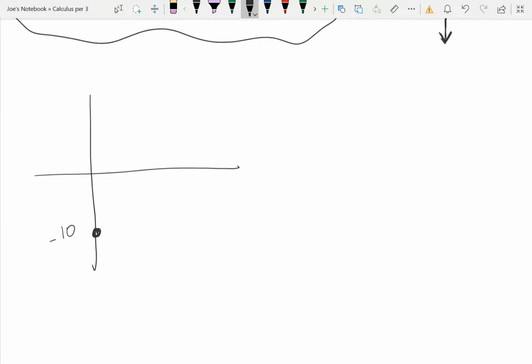And I said, give me the X and Y coordinate of that. I want some voices. So what's the X coordinate of that? 0. And what's the Y coordinate? -10.